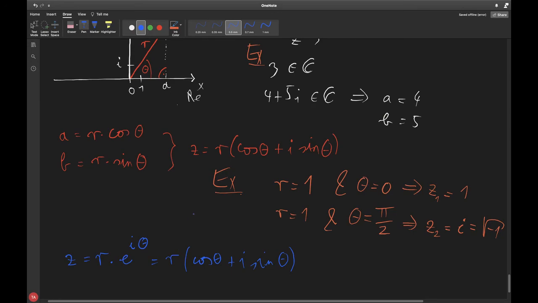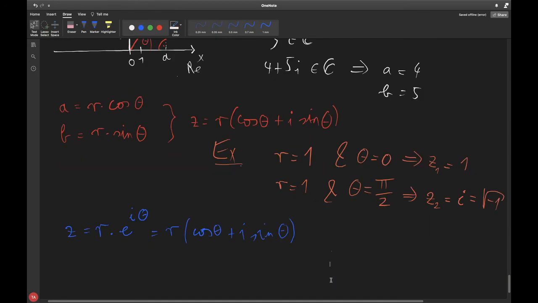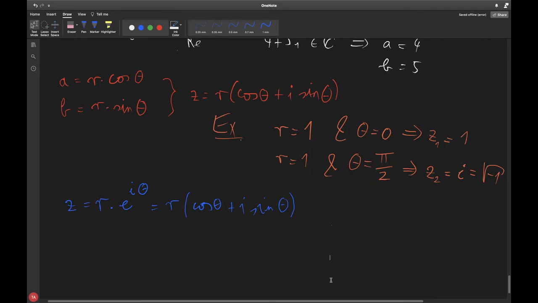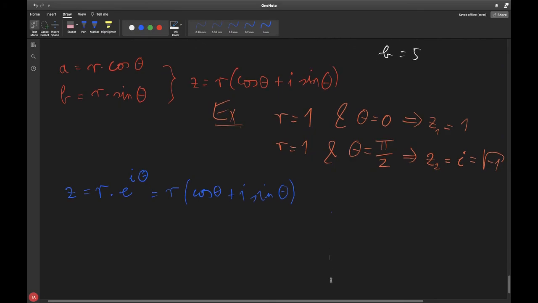So that's the way to expand complex numbers. It's going to be very relevant for quantum mechanics. And also it's a relevant thing for engineering as well. So that's all for extending our numbers.